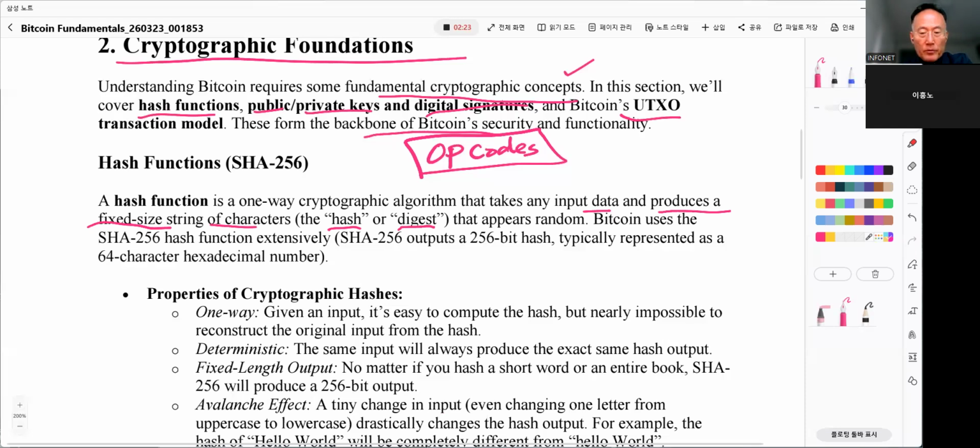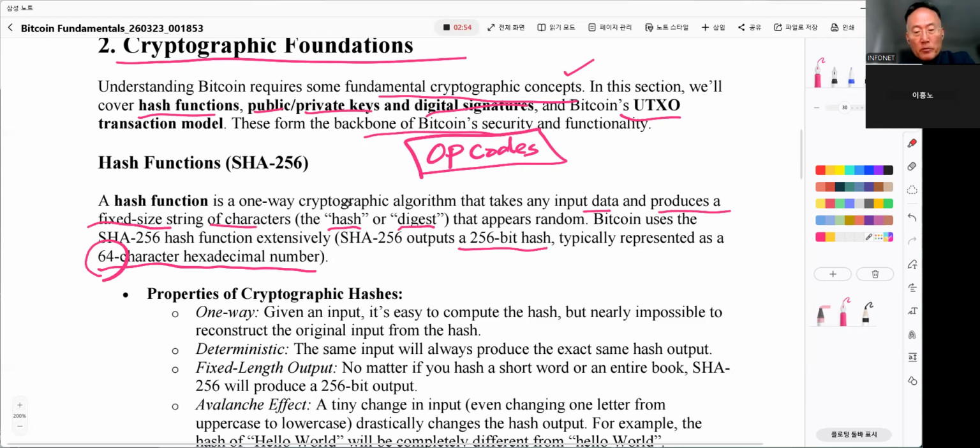Okay, if you use a hexadecimal, and Bitcoin uses the SHA-256 hash function extensively, and it is called a 256-bit hash, or typically it is represented as a 64 character hexadecimal number.